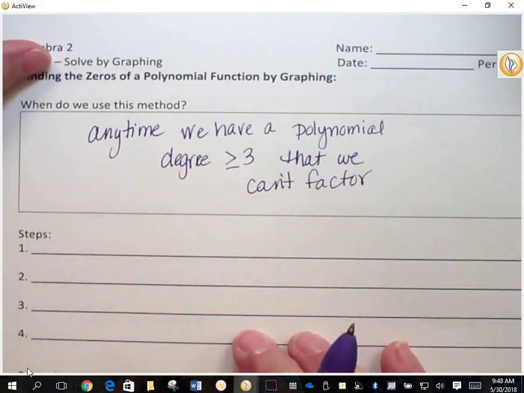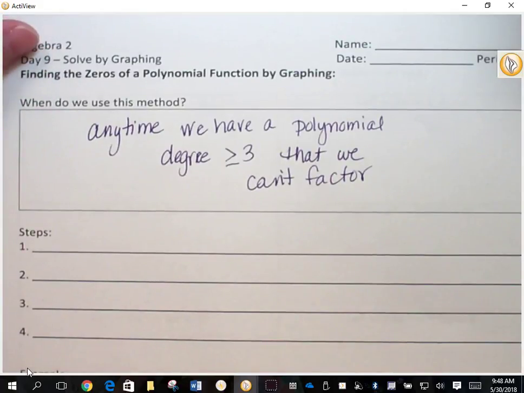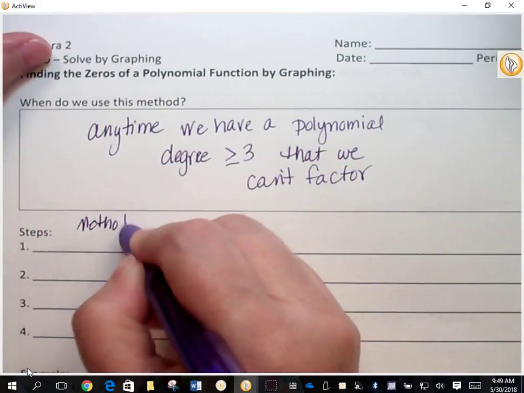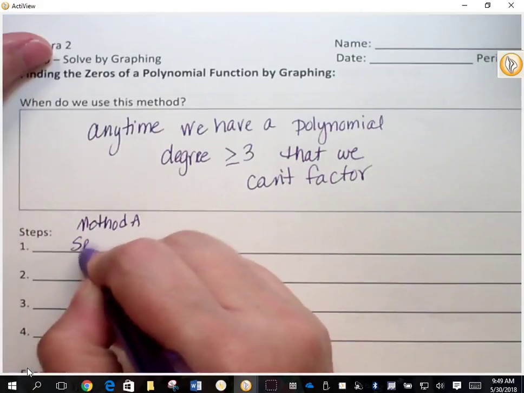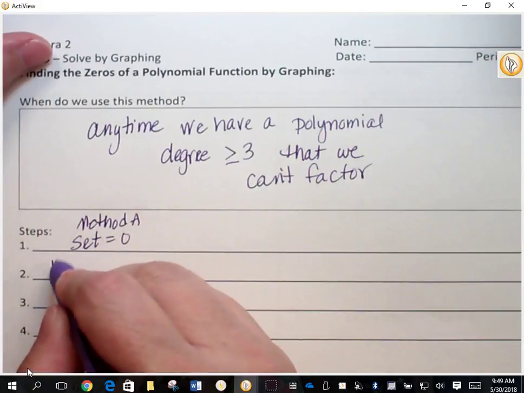And the steps that we wrote here are the same steps that we had on the other page. So if we do method 1, if we do method A, we set it equal to 0. We type it into y equals.